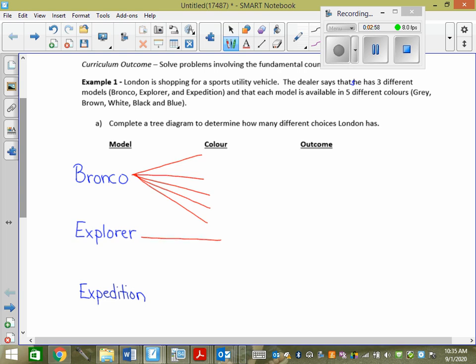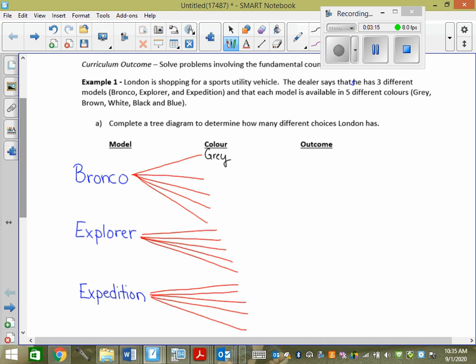So we're going to have gray, brown, white, black, blue.